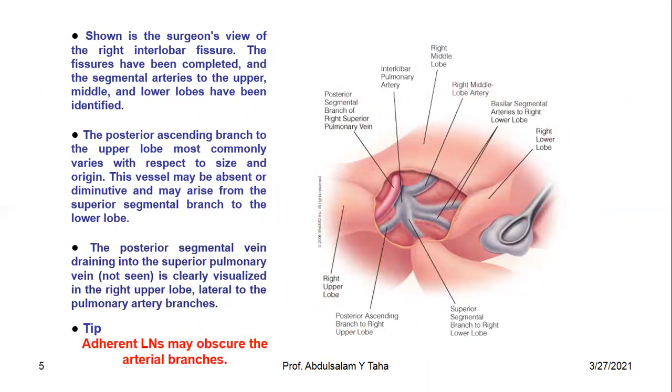In this slide, we can see the right interlobar fissure. The fissure has been completed and the segmental arteries to the upper, middle, and lower lobes have been identified.